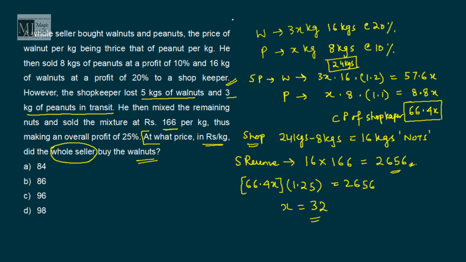The wholesaler purchased walnut at 3x rupees per kg. So 3 into x would be rupees 96 per kg, the cost price of walnuts to the wholesaler. Option C fits in.